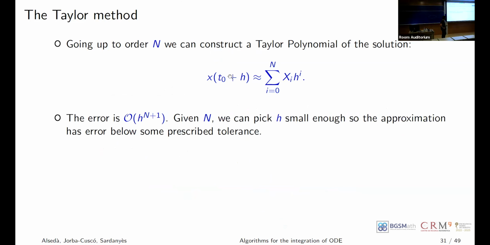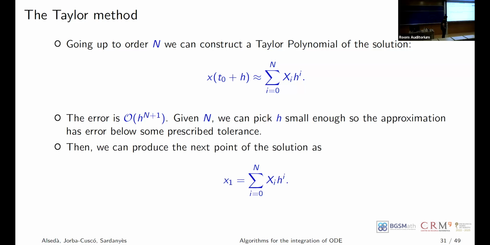So I have x1. And notice that here there is a change of paradigm because the order is as large as you want. And it can be adapted at each step. So if I expand to order n, I get an order n method, but then I get x1 from this, and I do the expansion again on x1, and I can stop at any order I want.